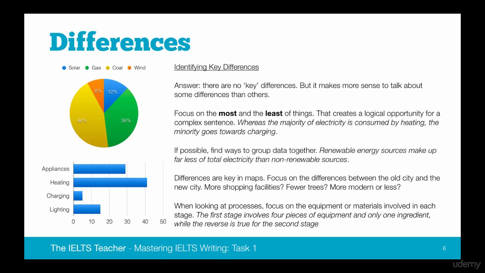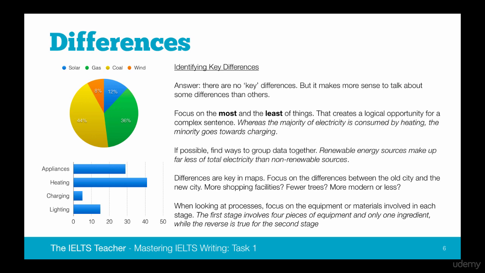We'll be looking at this in more detail in the lecture on overviews in the next section, but here's a quick example of that. Renewable energy sources make up far less of total electricity than non-renewable sources. So rather than solar and wind, we're saying renewable. Rather than gas and coal, we're saying non-renewable.